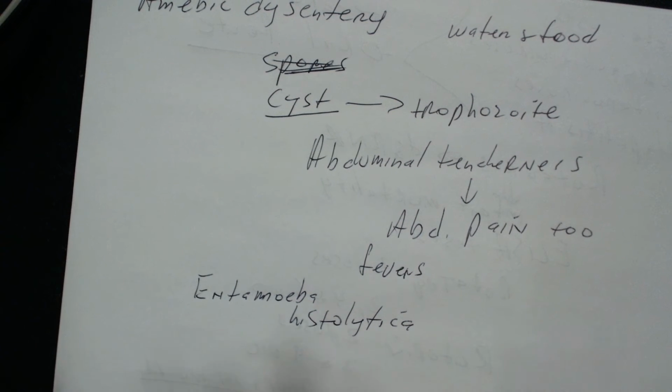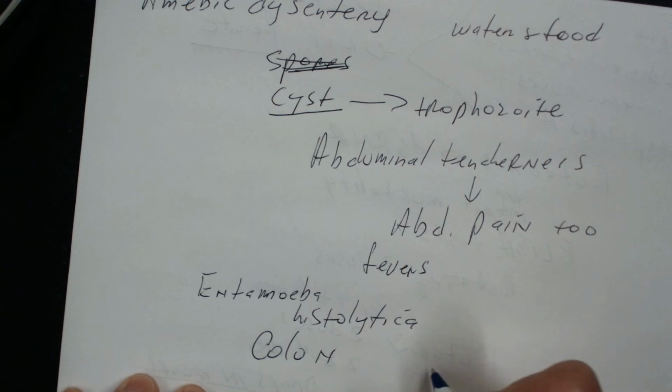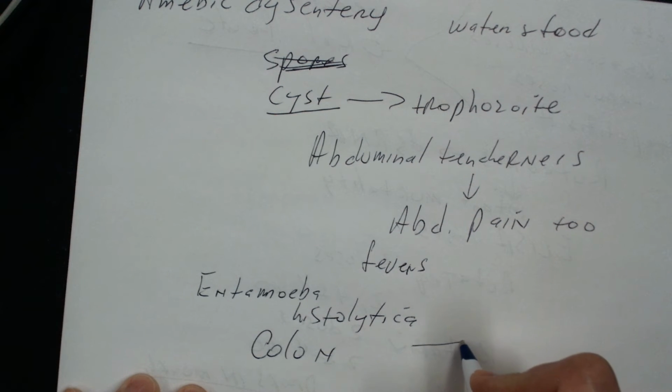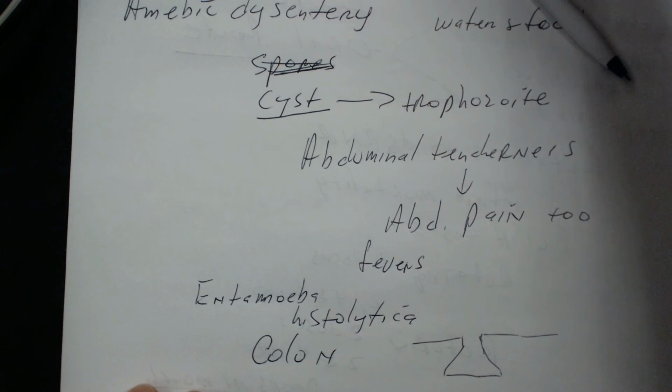However, there are other species that can cause this too. This is in the colon, and it makes this really interesting kind of flask-shaped lesion where the little critter lives.